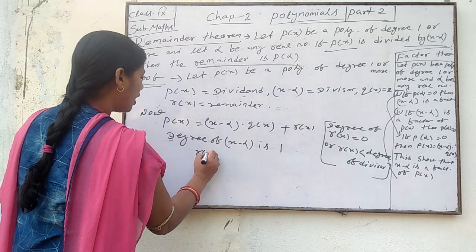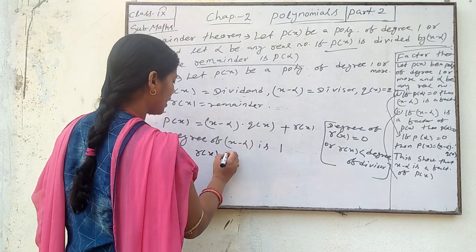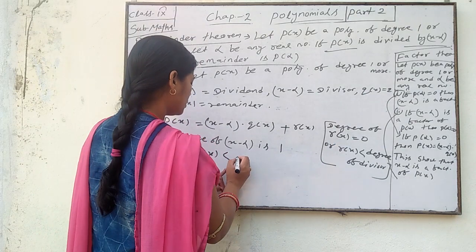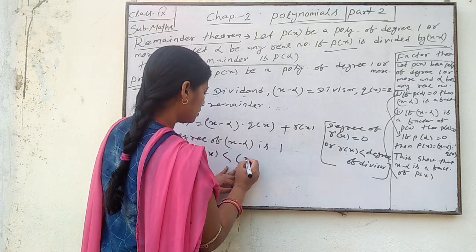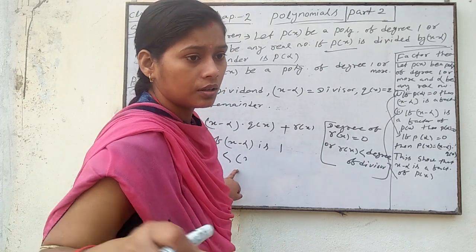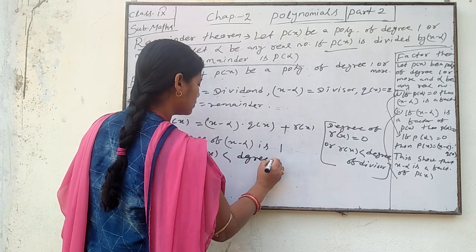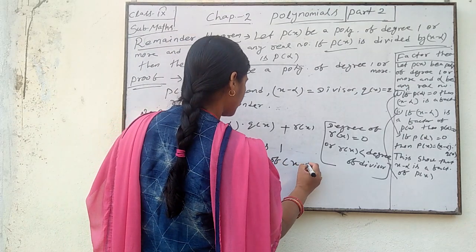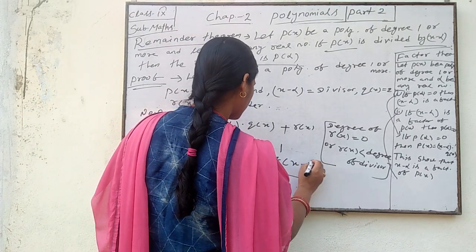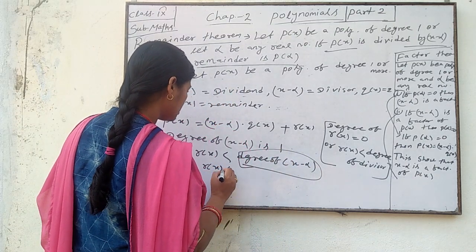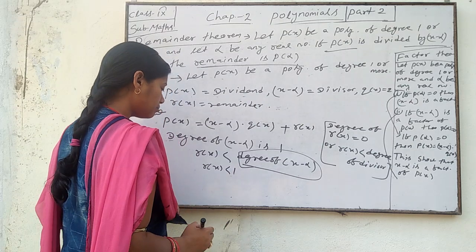So the degree of r of x is less than the degree of x minus alpha, which is 1. So the degree of r of x is less than 1.